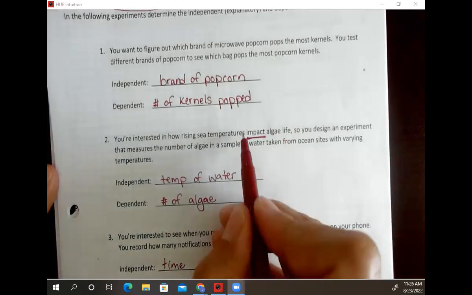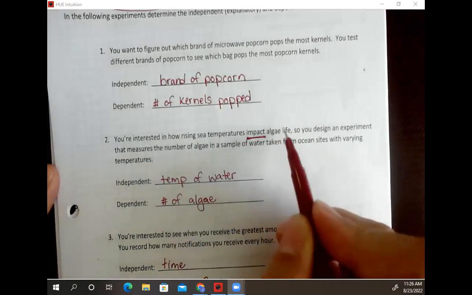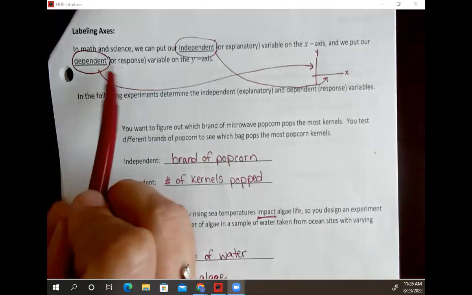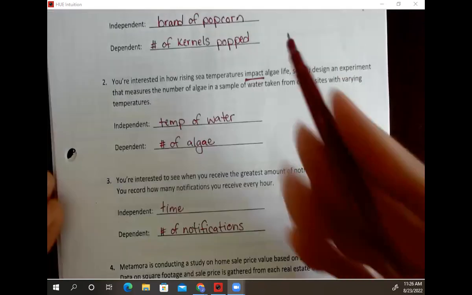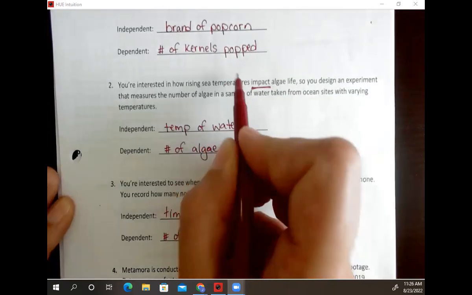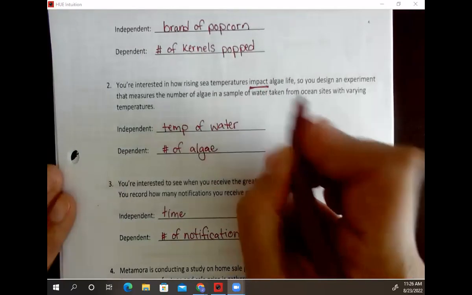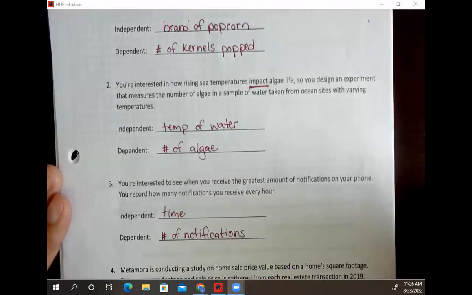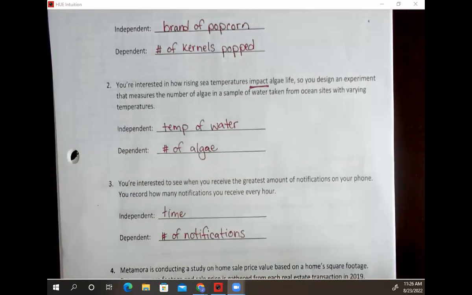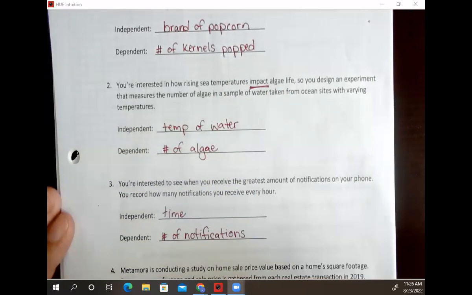That means this is somehow getting a response out of this. We said that dependent was our response, independent is our explanatory. So why are there more algae in this water than this water? This is the explanation, or that's our hypothesis at least. So impact is one of those keywords that can tell us this is the independent, this is the dependent. This impacts this means independent, dependent.